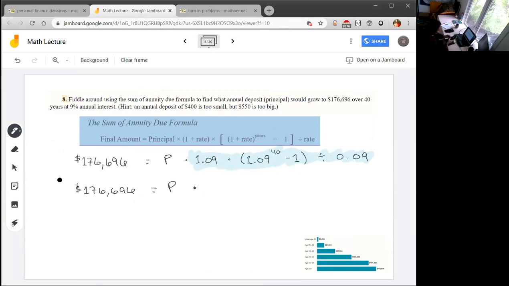So 1.09 times parentheses 1.09 exponent 40 minus 1 close parentheses divided by 0.09. I'm getting that all of that turns into 515.933 repeating.